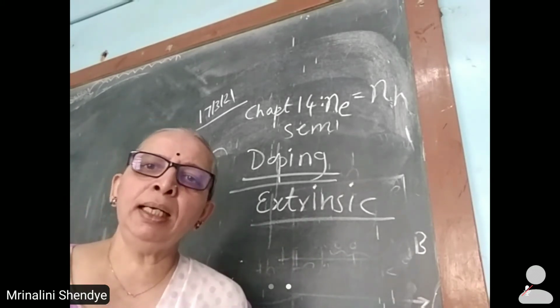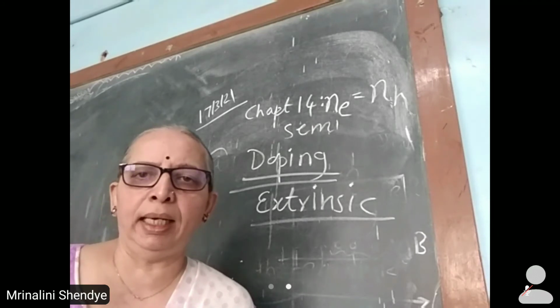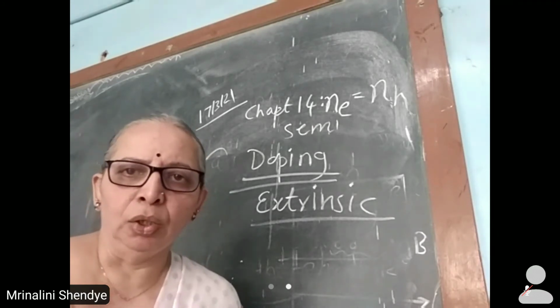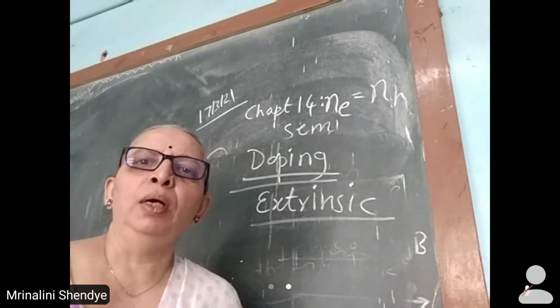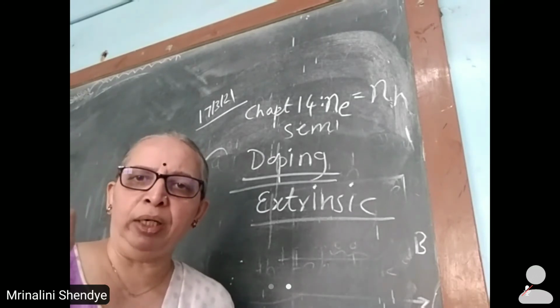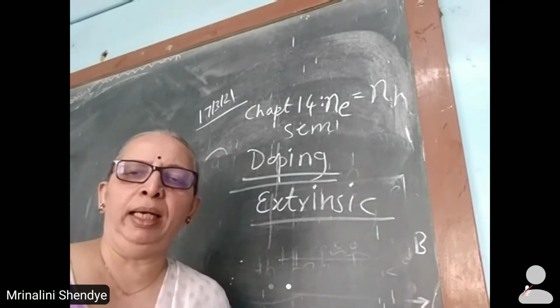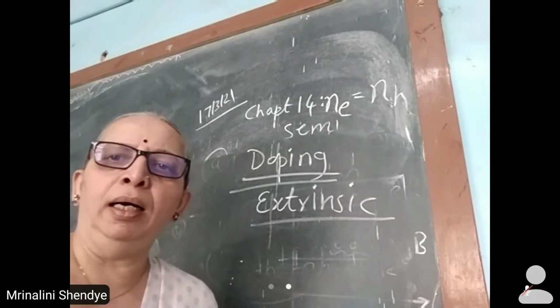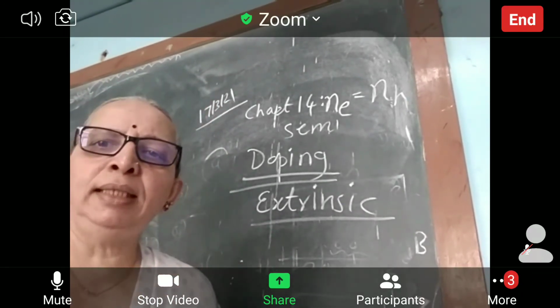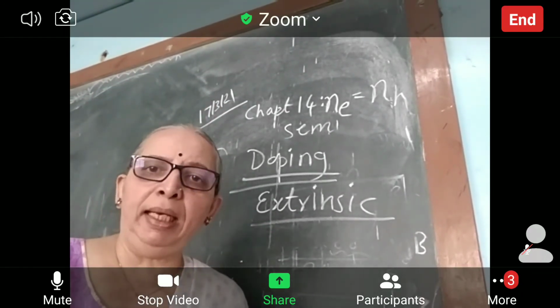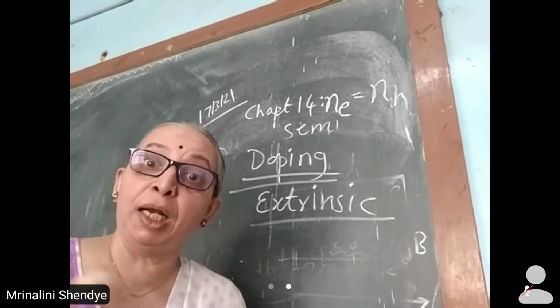But permanent deformation occurs in intrinsic semiconductors. So with adding a suitable impurity, the conductivity of intrinsic semiconductors can be modified permanently.